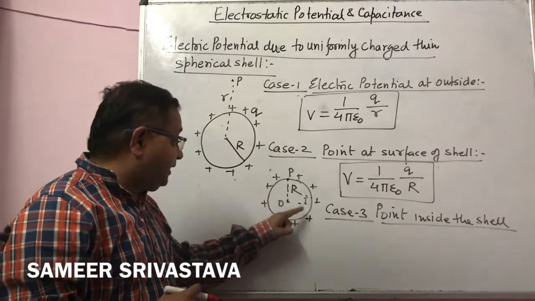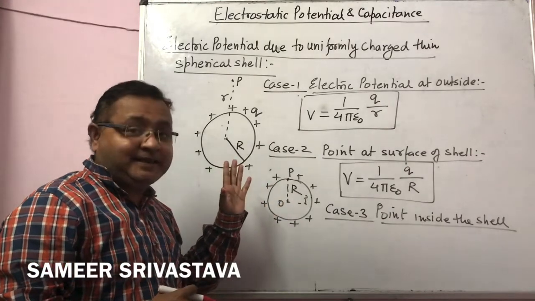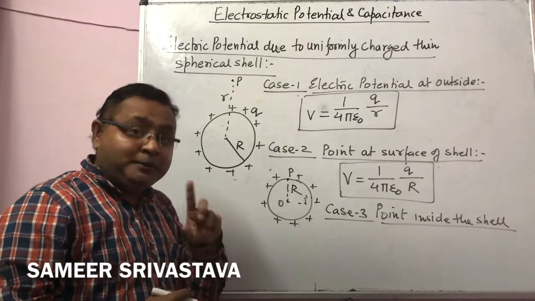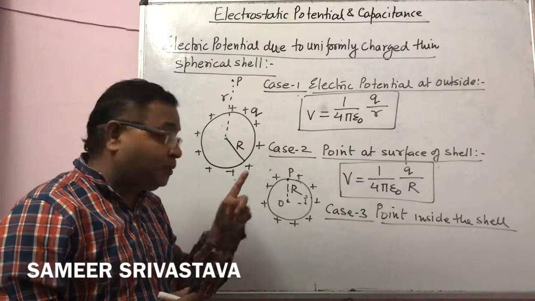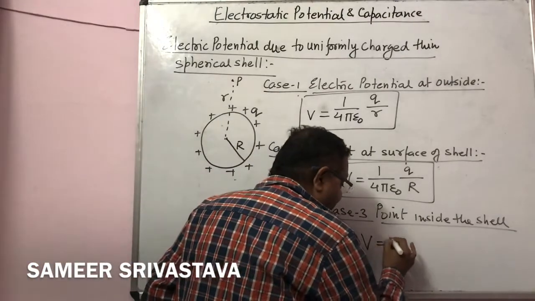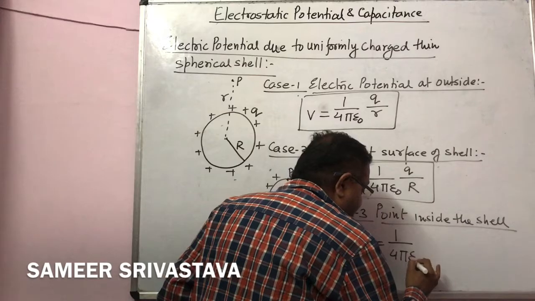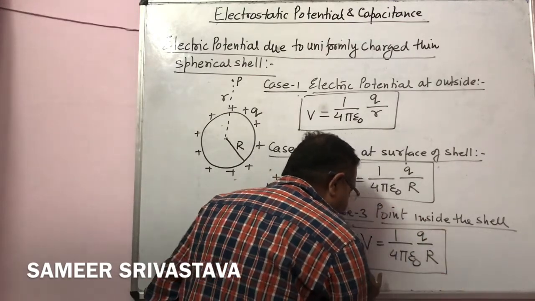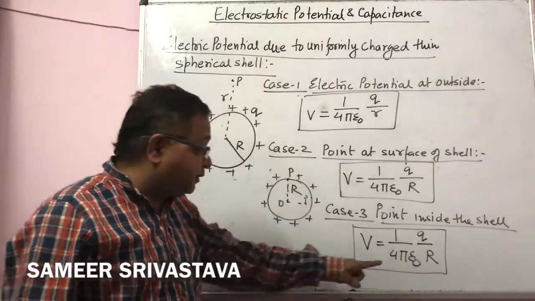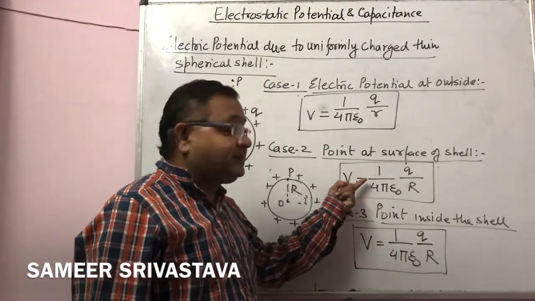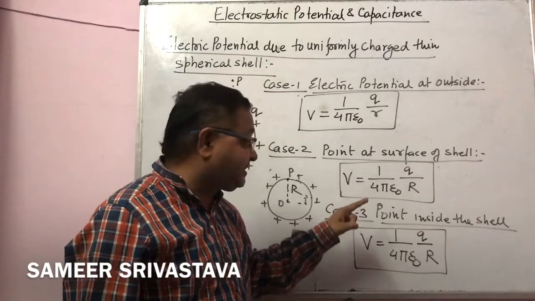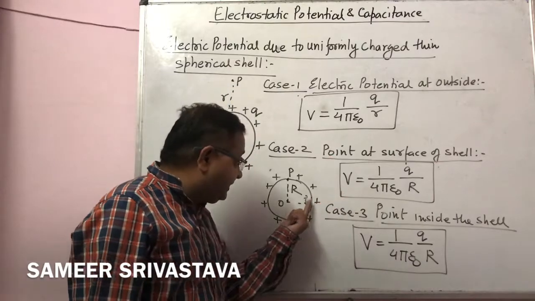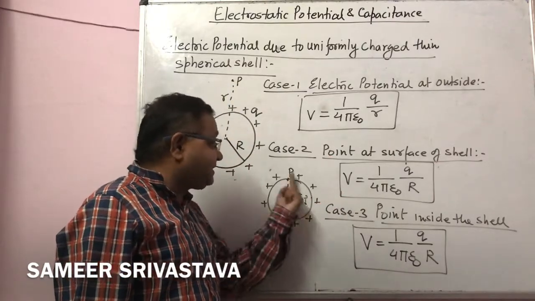So if the charge is concentrated at the center, we find the electric field inside the shell is 0, but the potential cannot be 0. The potential value is taken as 1 upon 4 pi epsilon naught q by capital R. So if the point is inside the shell, the potential formula is the same as for the point at the surface of the shell. So the conditions of the second and third cases will be the same.